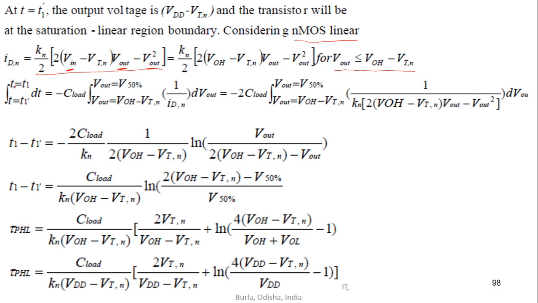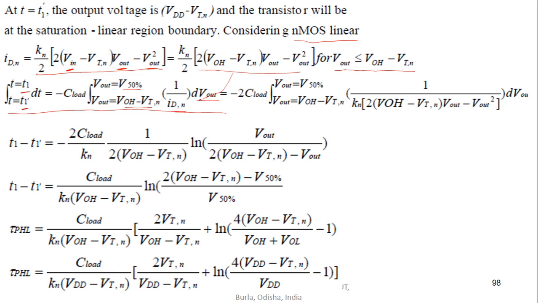Again use that integral equation here. The time will this time range from T1 dash to T1, and the value of V out will change from VOH minus VTN to 50%. The IDN will be the value of the drain current in this region.